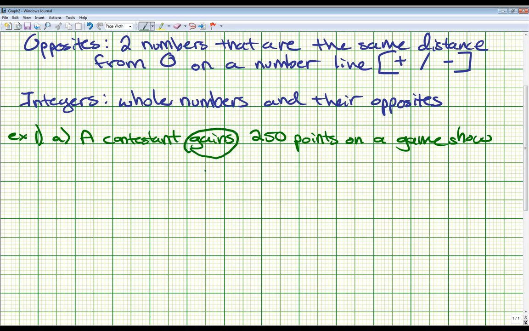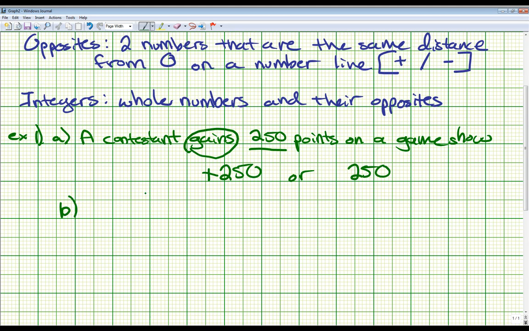When you see that word gains, we're going to use a positive number here, and then we see our number in the statement, which is 250. So the integer would be a positive 250, or you could just write it as 250 without the plus sign in the front.